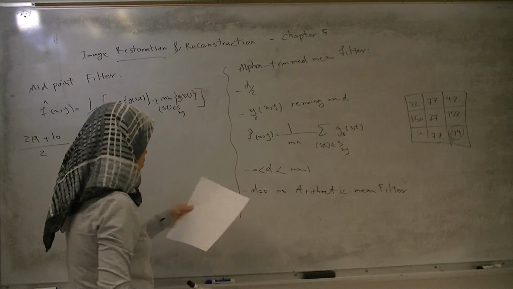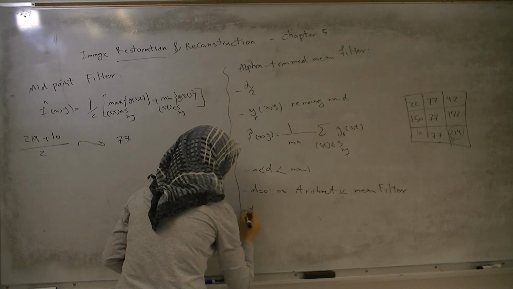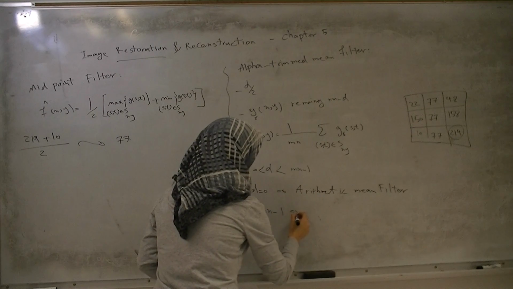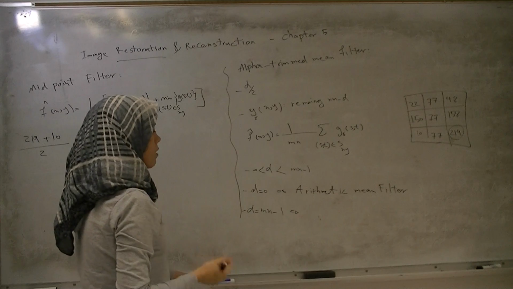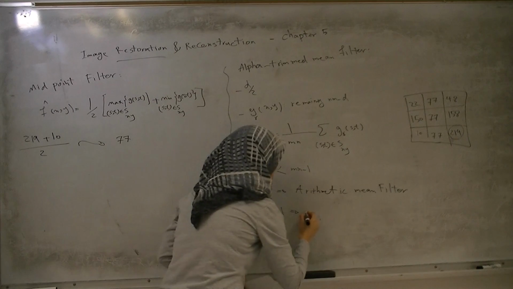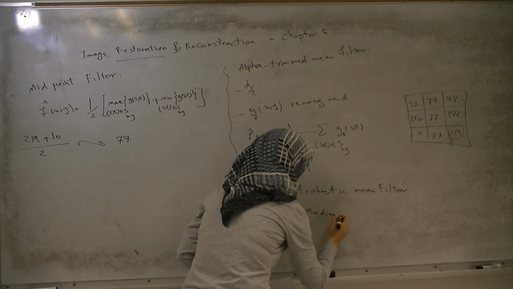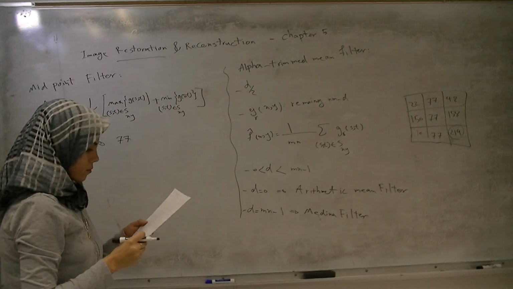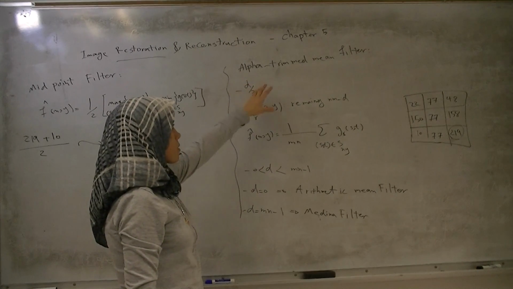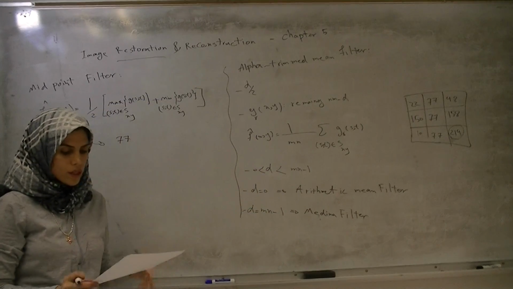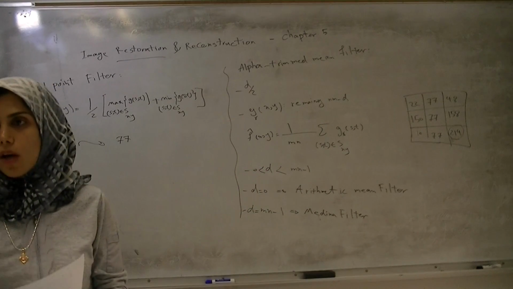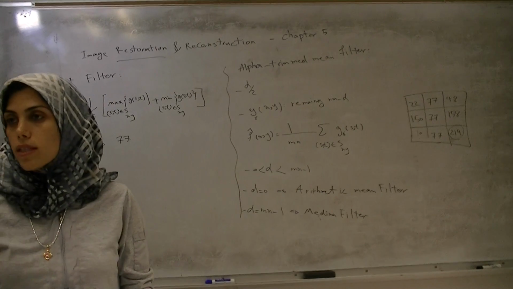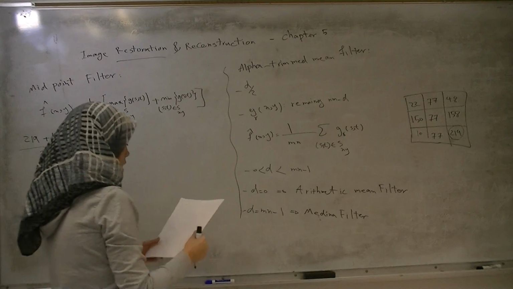And if we have d equal to n minus 1, the alpha-trimmed mean filter becomes the median filter. The alpha-trimmed mean filter is good for situations where we have multiple types of noise, like a combination of salt and pepper and Gaussian noise, and this one really works for those.